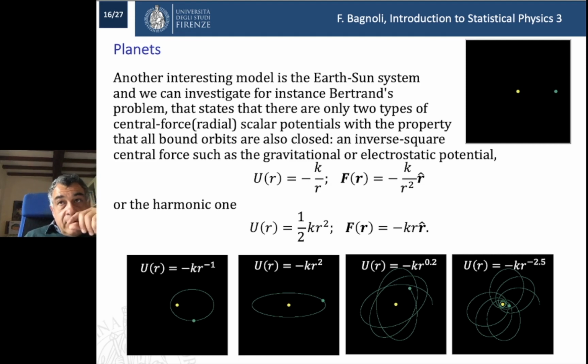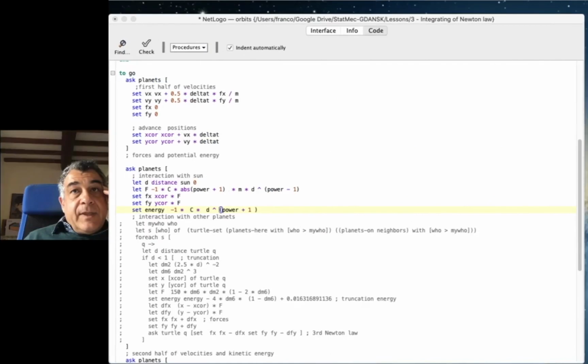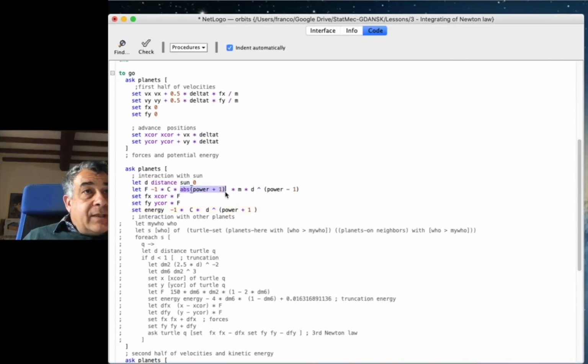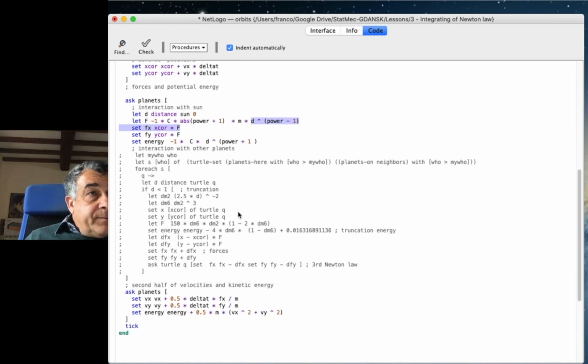So in order to compute this, I need to compute this, and then to multiply, to compute the force by multiplying the value of the force times the vector, which is just x core, y core, while the energy is this to the power, to some power. So check this, but I'm pretty sure that it works.